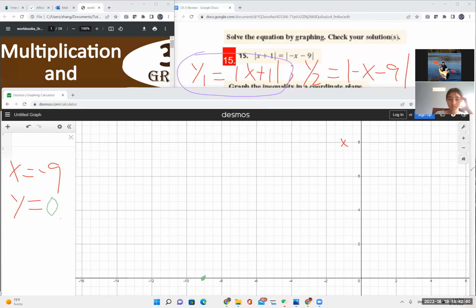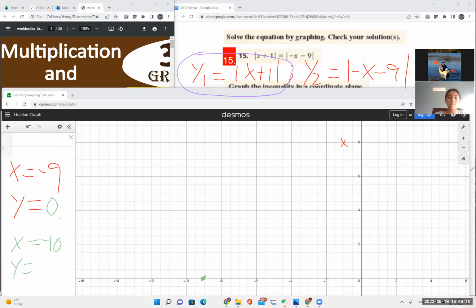Okay, then could you find another point left to the vertex? X is -10. Yeah, fine. If x is -10, what can you get?